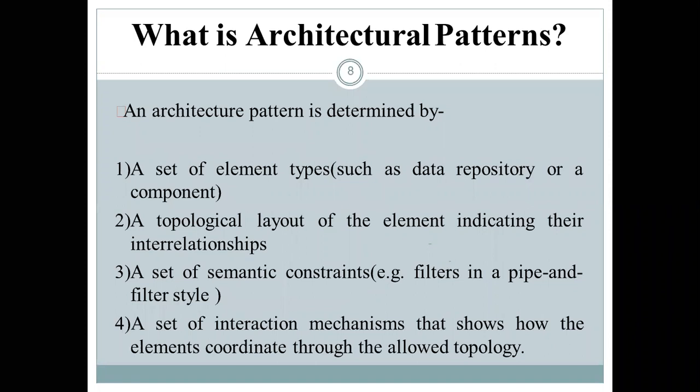So how do we determine an architectural pattern? It is determined by a set of element types, like a data repository or a component. We have seen what a repository and a component are in the second chapter.